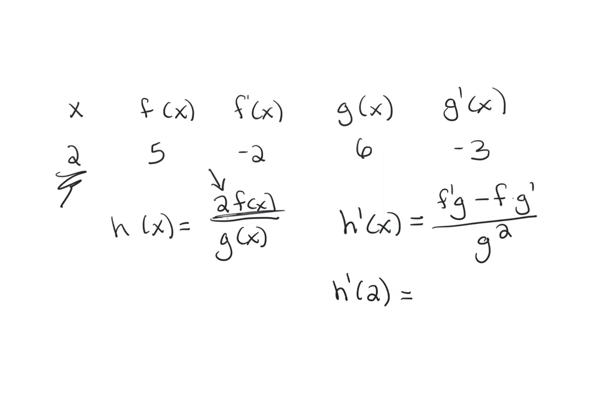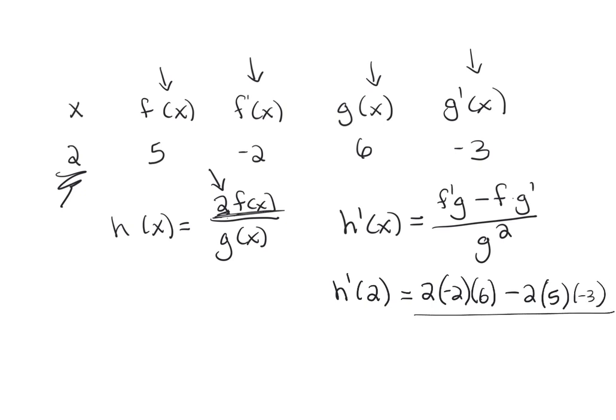So the 2 coefficient times the derivative of f, negative 2, times g, which is 6, minus f, we still have that 2 coefficient, times 5, times the derivative of g, which is negative 3, all over g, which is 6, and then that is squared.